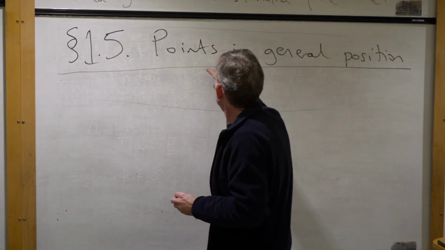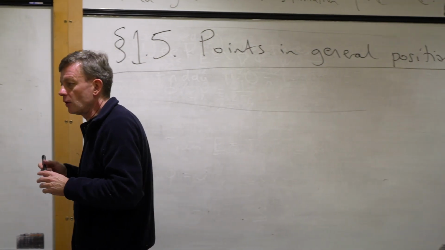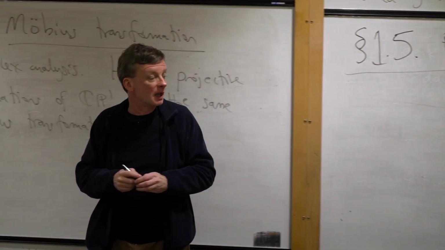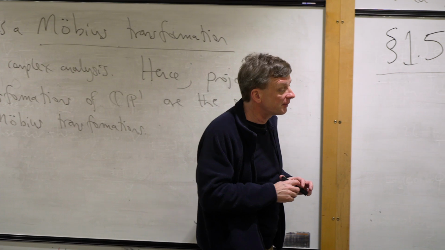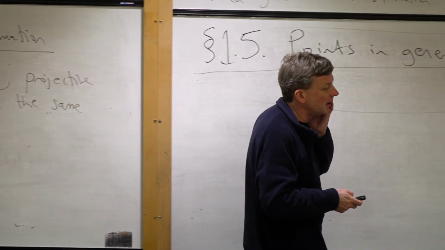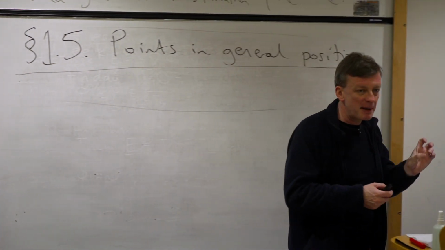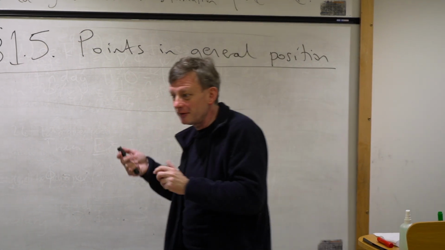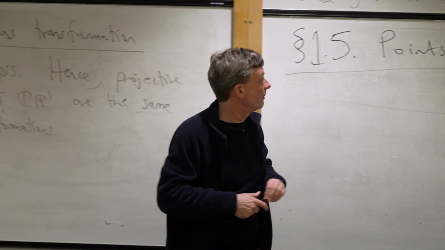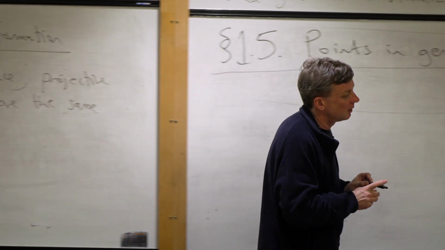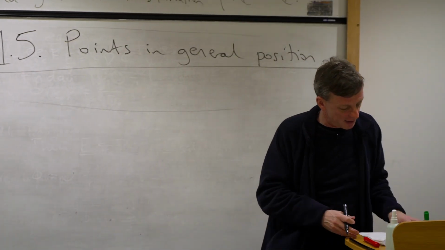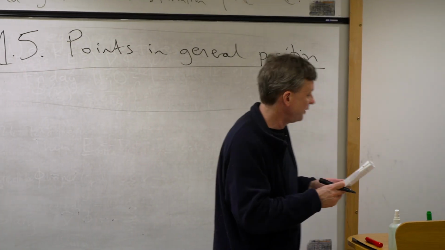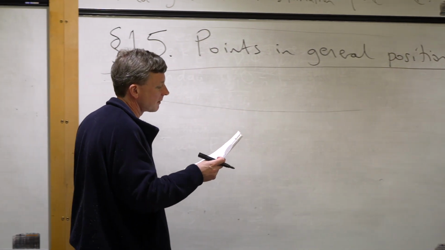So points in general position, it's kind of an analogue of bases for projective spaces. But perhaps surprisingly, for an n-dimensional projective space, we're going to need n plus 1 points to form this basis. And we'll get to explaining why we do this at some point soon.